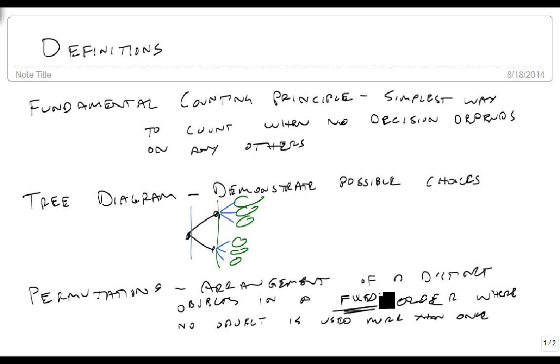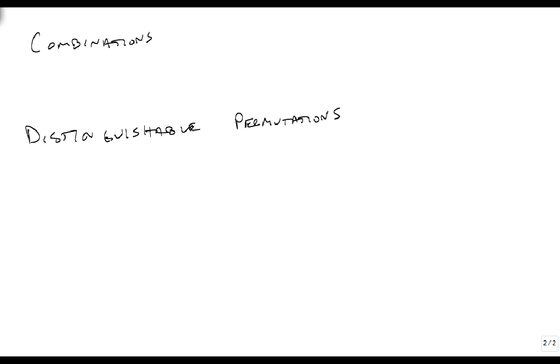And it's really important to recognize this fixed order. The order matters. If I had, for instance, red, blue, yellow for marbles, then red, yellow, blue would be a different permutation because the order is different. Even though they contain the same elements, the order is different. So permutation is when order matters, and the specific order matters as well.